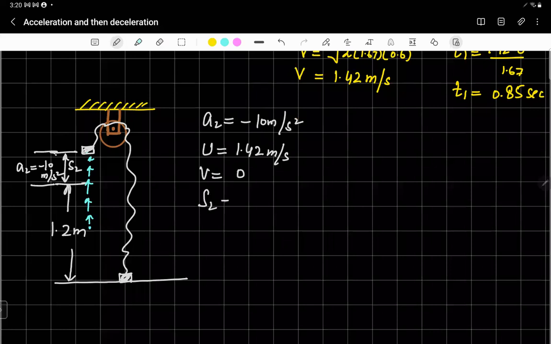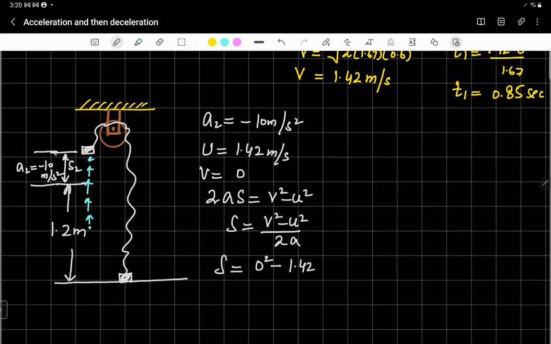And S2 is equal to what? You can use this formula: 2as is equal to v square minus u square. And s is equal to v square minus u square over 2a. 0 square minus 1.42 square over 2, and acceleration is equal to minus 10.